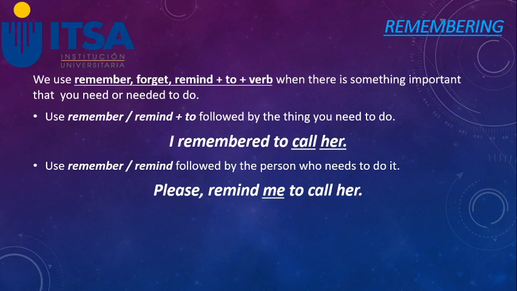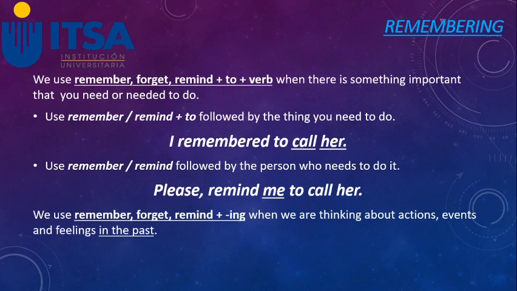Me, you, him, her, us, you, them, para poder completar la frase. Remind me, remember you, I remembered you to do it. Y luego del object pronoun utilizamos la acción que necesitamos que recuerde o que olvide. ¿Ok?